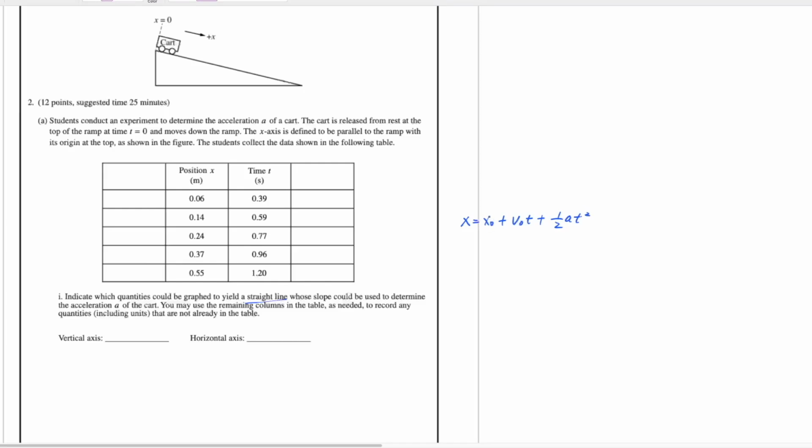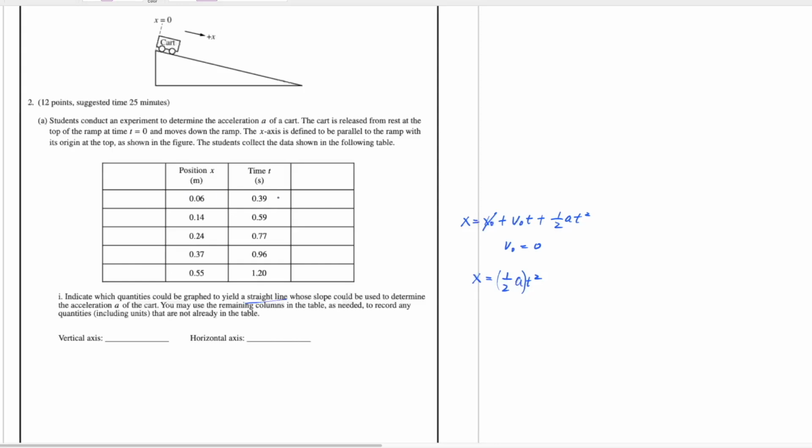The initial position is 0, so we don't have to write that. And initial velocity v naught is also 0 because it starts from rest. So the position is just 1/2 a t squared. Now if we graph x versus t squared, the slope is just 1/2 a. We're going to find the slope first and multiply it by 2, then we can find a.